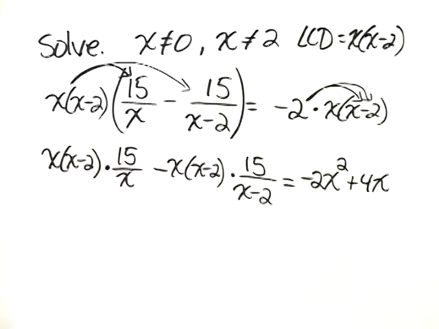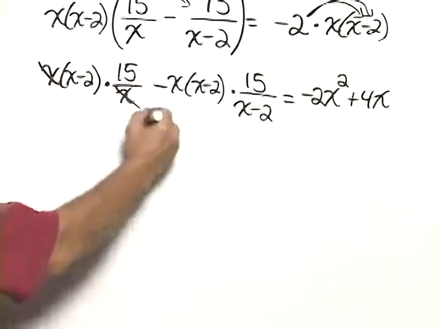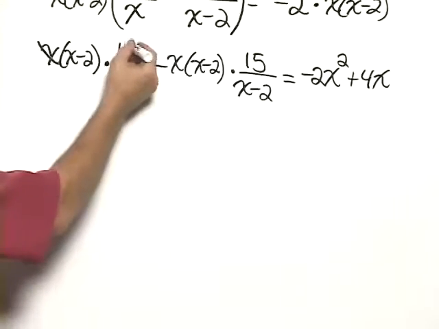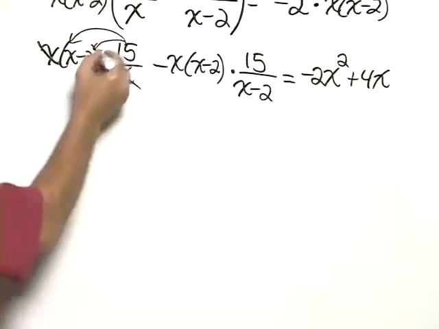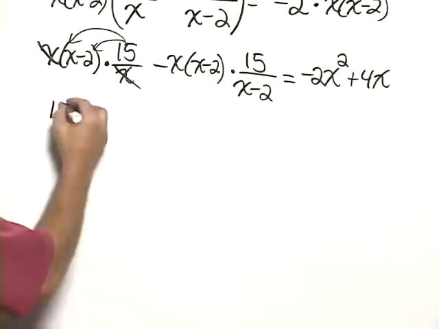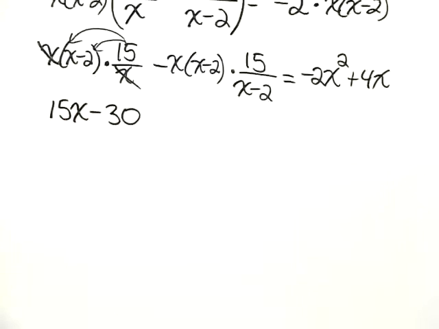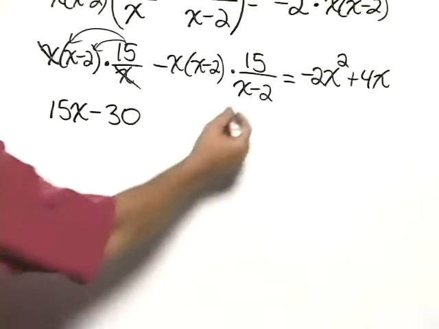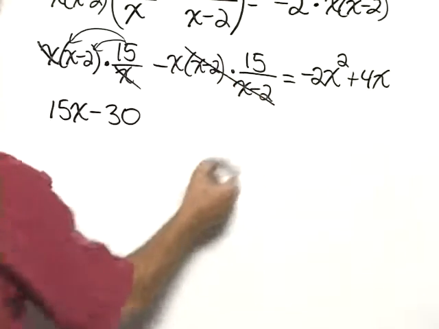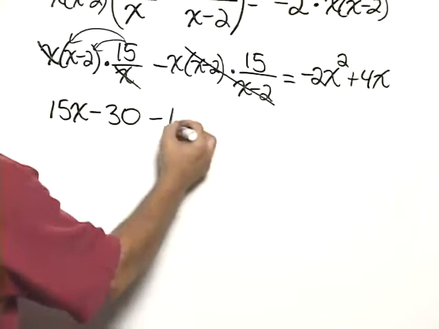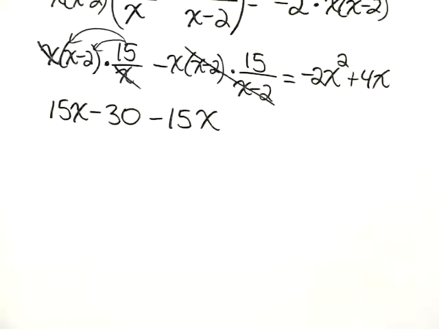On the left-hand side, we can remove a factor of 1, x over x, and then we have to distribute the 15, which gives us the result 15x minus 30. In this term, we can remove a factor of 1, x minus 2 over x minus 2, leaving us with minus 15x.